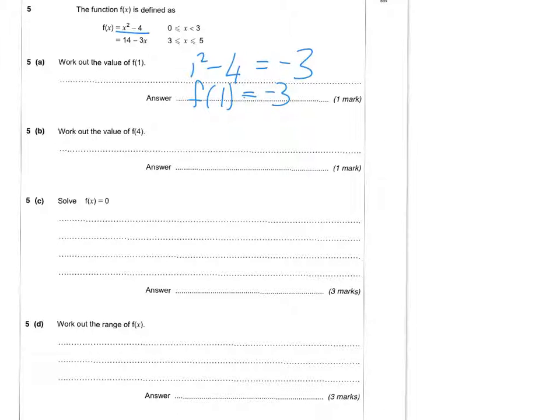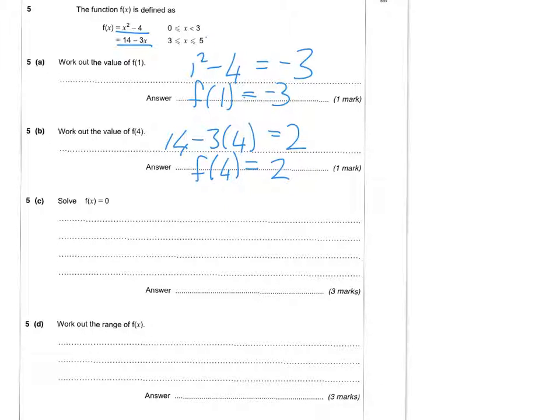Work out the value of f of 4, so now we're in the second one, so it is 14 minus 3 times 4, so f of 4 is equal to 2. f of x is equal to 0.